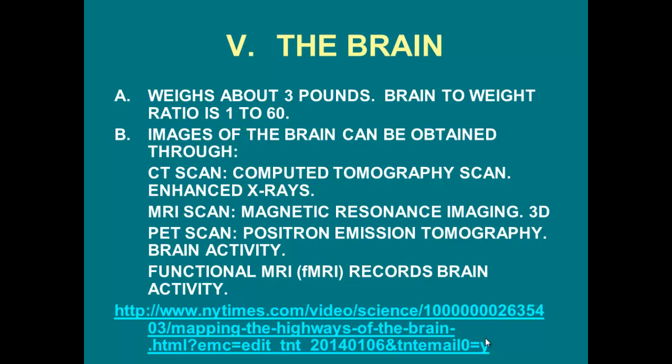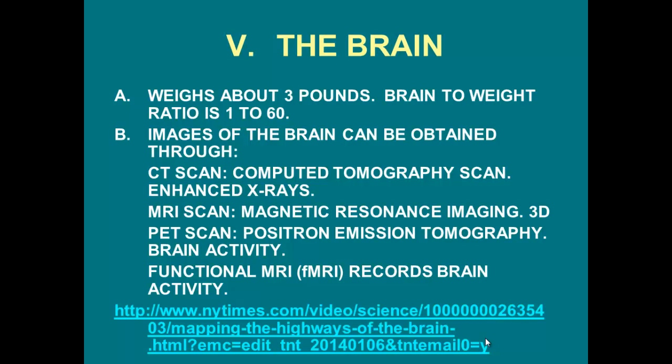PET scans, positron emission tomography. We look at brain activity. We can actually peek in there and see whose brains are active right now. Those of you whose eyes are closing, you're not very active. But most of you are probably pretty active. The one they use a lot in psychology is called a functional MRI.